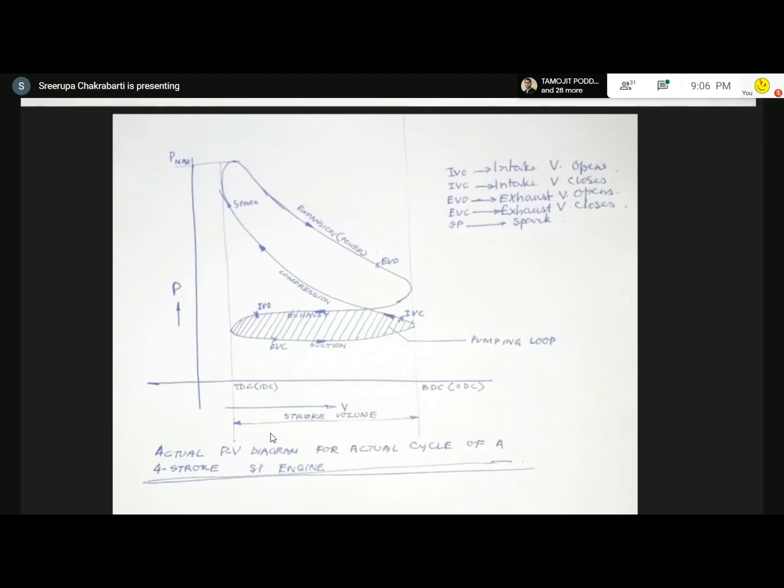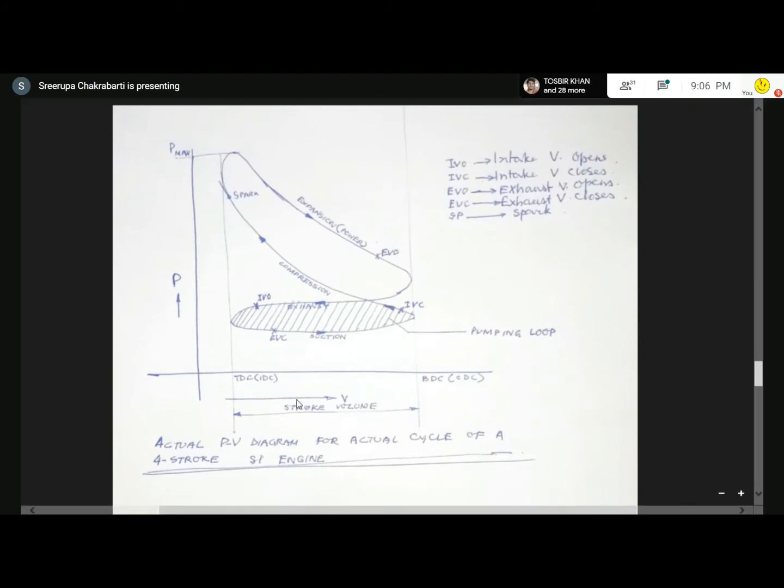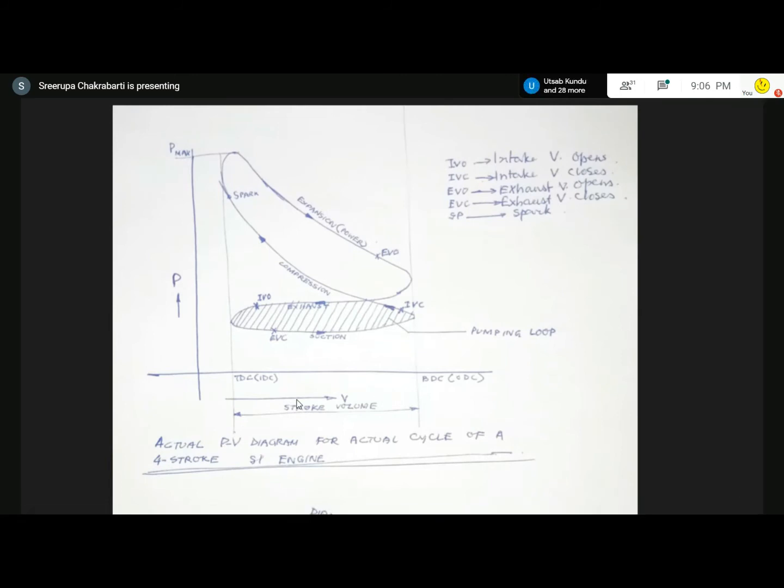Now we come to the actual cycle. We have done the theoretical cycle, which is also called the air standard cycle. And we have seen that there is an Otto cycle for the petrol engine, dual cycle for the high-speed diesel engine, diesel cycle for the low-speed diesel engine.